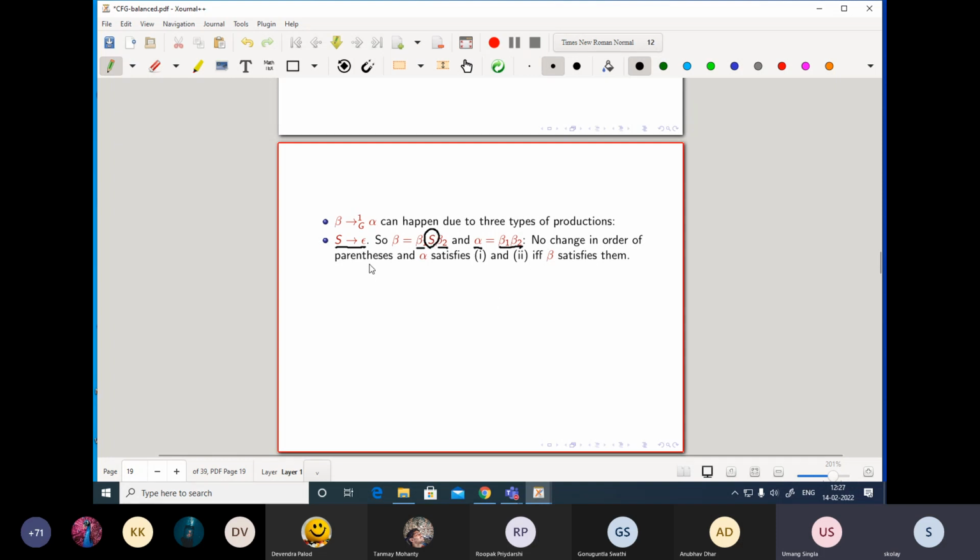So going from beta 1 S beta 2 to beta 1 beta 2, there is no change of order in the parentheses. I just replaced a non-terminal symbol that has nothing to do with left bracket or right bracket. So alpha will also satisfy 1 and 2 if beta was satisfying. Is this point clear? Any questions so far?